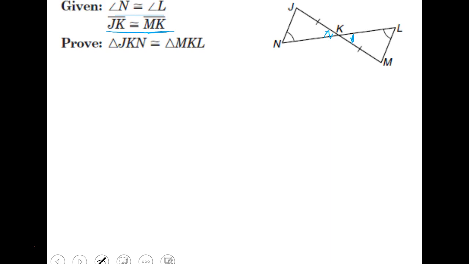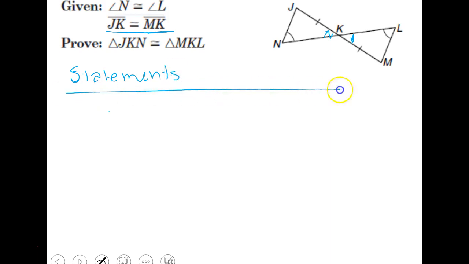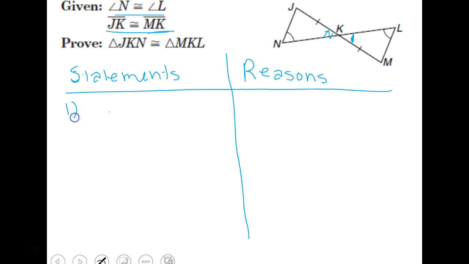Now, to do a two-column proof, what you're going to do is make a little T-chart, and you're going to write statements and reasons here. And your first statement should be very easy. You should always get this one right.